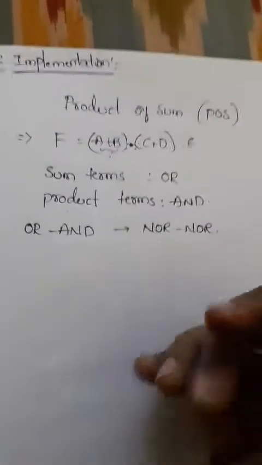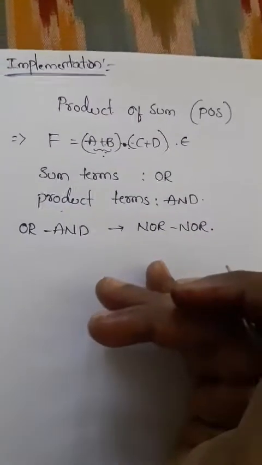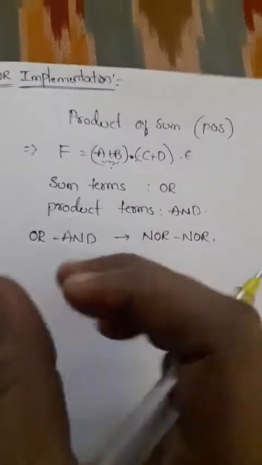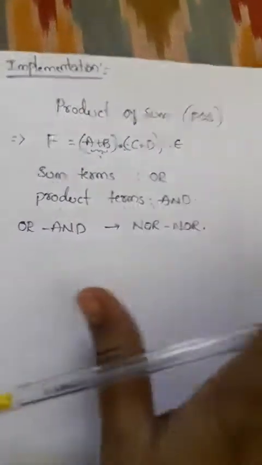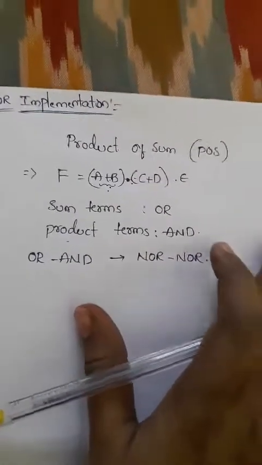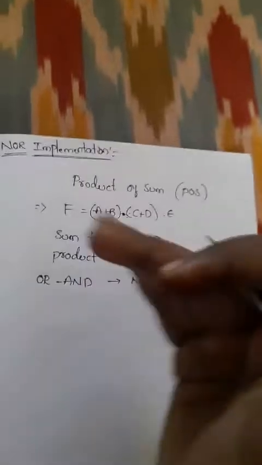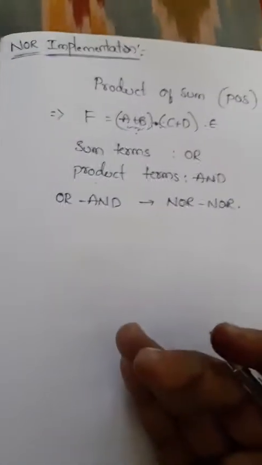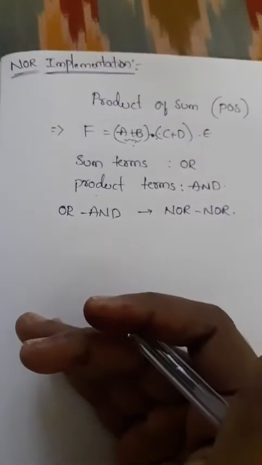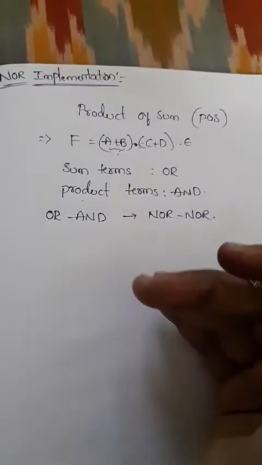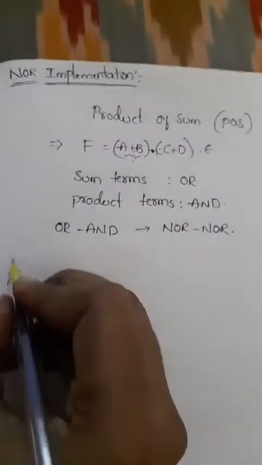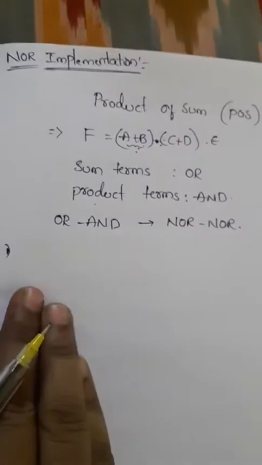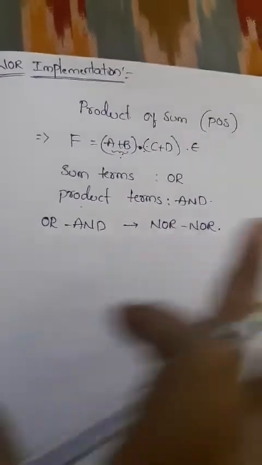It is completely similar to the NAND transformation, except that now we use the POS expression, whereas there we used SOP. Now we will see some rules for obtaining the NOR implementation. The first rule is similar to the three-step NAND rule.